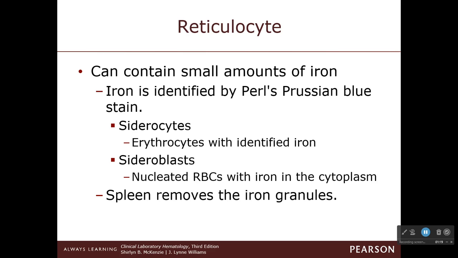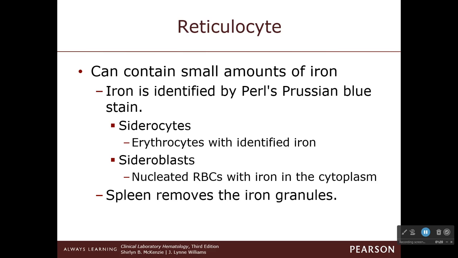So, if the cell is a mature erythrocyte, meaning it doesn't have a nucleus, and you stain it with iron stain and you find iron in it, it is known as a siderocyte. Everybody got that? Siderocyte: a mature red cell, no nucleus, with iron in it.